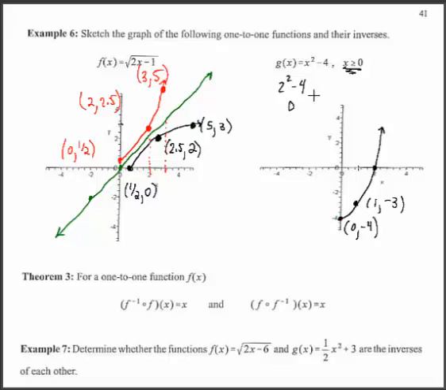Again, I'll try to draw a decent y equal x curve. And then I have 4, 4. Okay, something like this. Alright. And I'll just go ahead and take this and extend it on past y equal x.